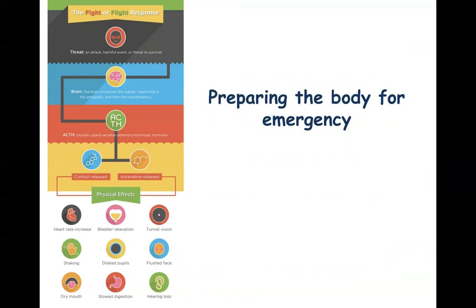The mouth goes dry because the blood supply from the digestive system is withdrawn and distributed to the skeletal muscles. Digestion is not of primary importance at this time, so it is temporarily reduced. These all prepare your body for emergency.